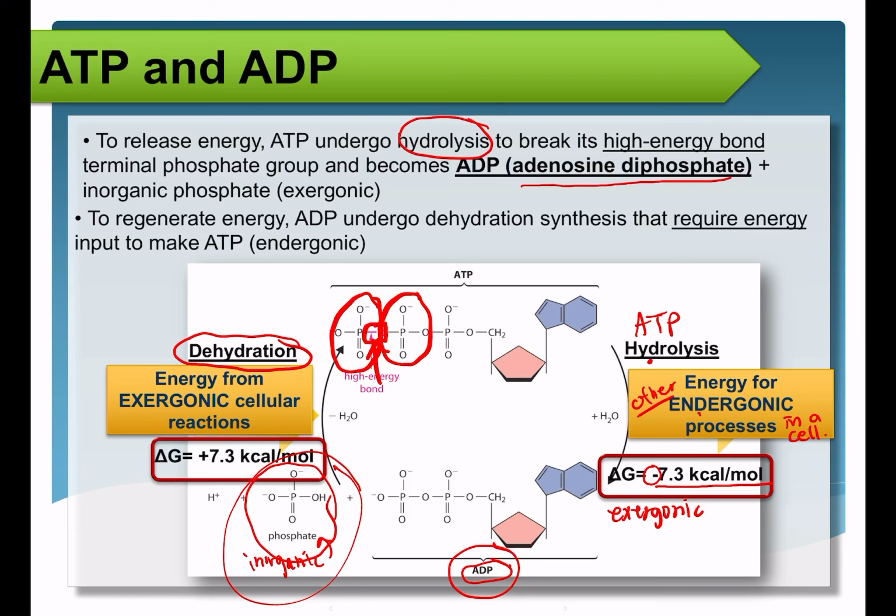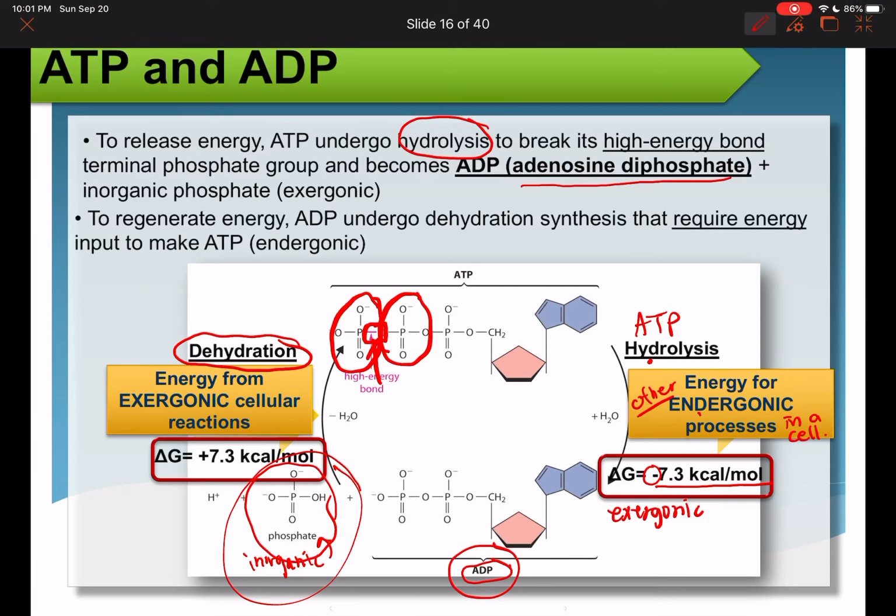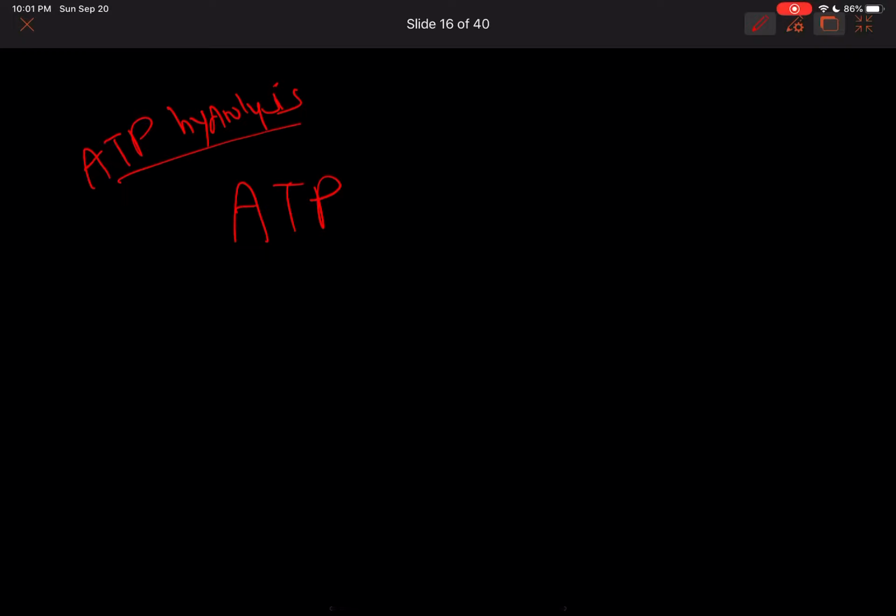Okay, so if I was to put this in reaction form, ATP hydrolysis is ATP breaking down into ADP plus inorganic phosphate. And the amount of energy for this reaction is negative 7.3 kilocalories per mole.